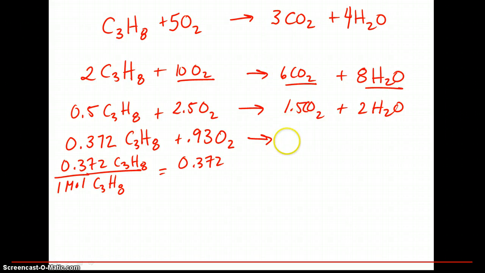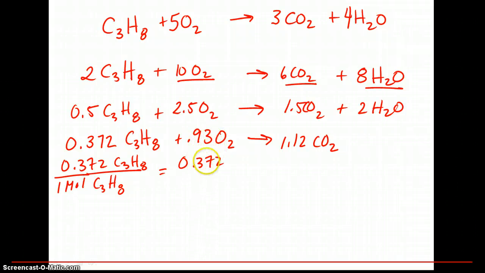Okay, and it looks like I need to make sure that my numbers are correct. And I have for this one 1.12 moles of CO2, and this one here does not look like I have it correct. I think I only multiplied it by 2, so let me change that to 0.372 times 5.